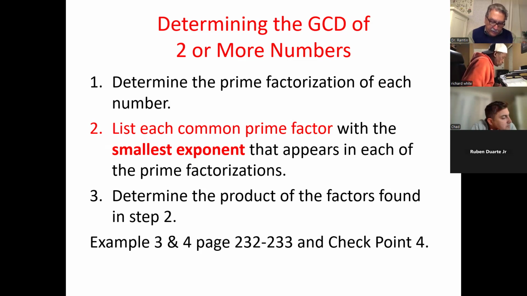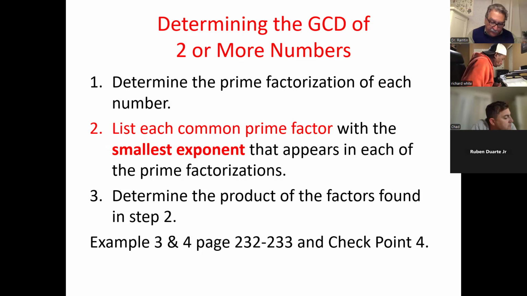So notice we write 216 is equal to 2 to the power of 3, because we have three 2s, times 3 to the power of 3. You follow me? And 234 is 2 times 3 to the power of 2, because we have two 3s, times 13.